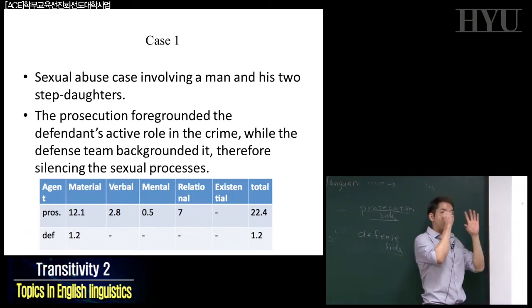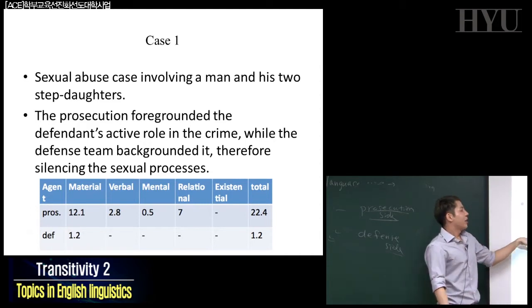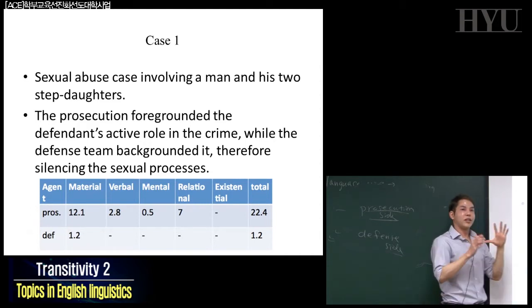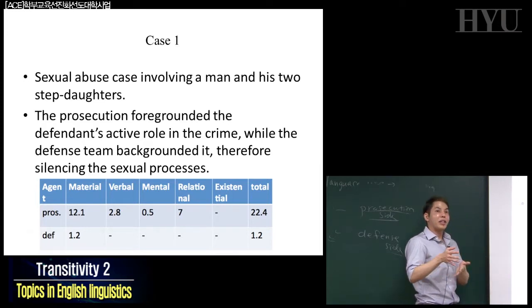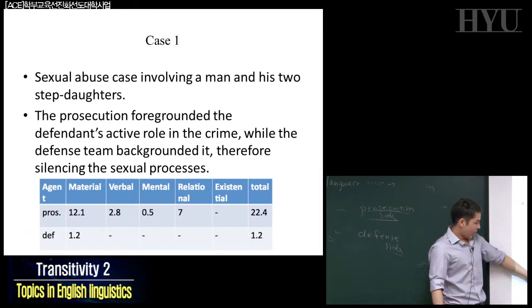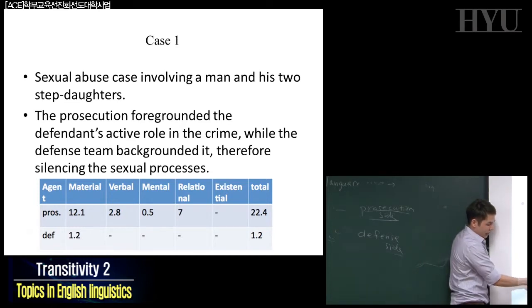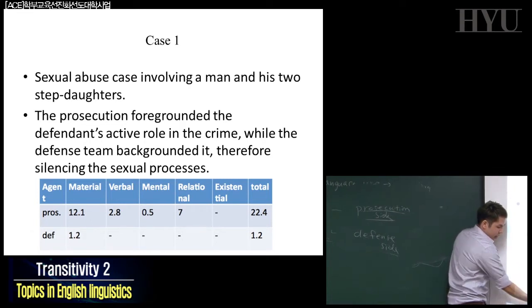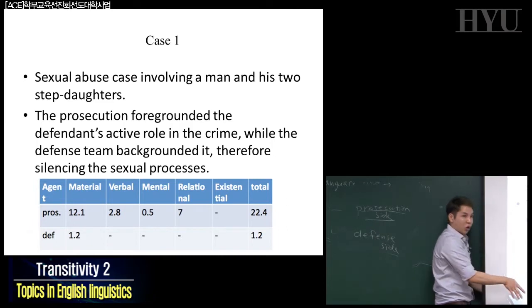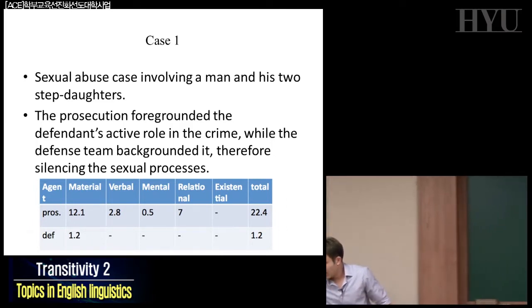So you highlight that the defendant is so wrong, right? While the defense team backgrounded the material processes, backgrounding the agent, thereby backgrounding the responsibility, right? And I did some statistical analysis. So you can see that on the prosecution side, the material processes are high, whereas on the defense side, the material process is so low if you compare these two, in terms of numbers.